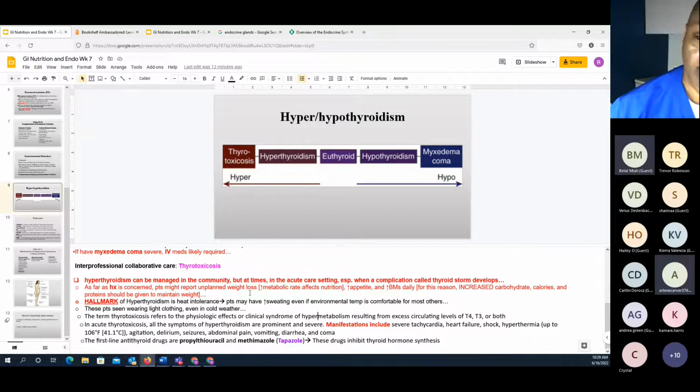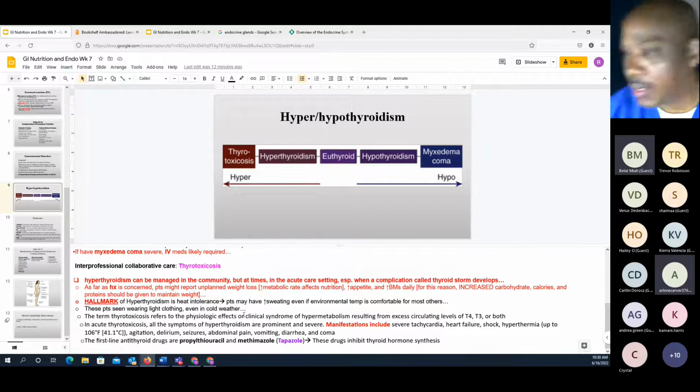Sometimes we have tumors on pituitary glands, for example, and it just hypersecretes. So these patients have more. Let's say in hyperthyroidism, you have a tumor on the pituitary gland. It can cause hypersecretion of the thyroid stimulating hormone, and these patients will experience hyperthyroidism. So it just depends.